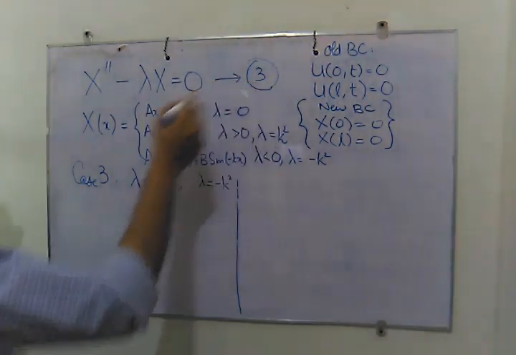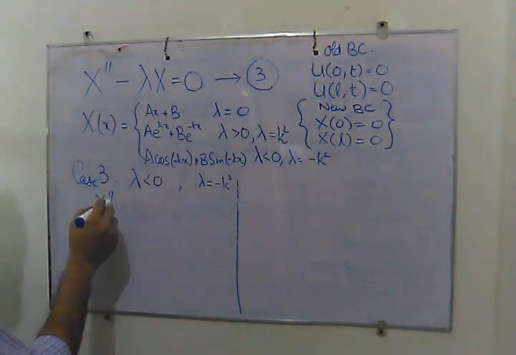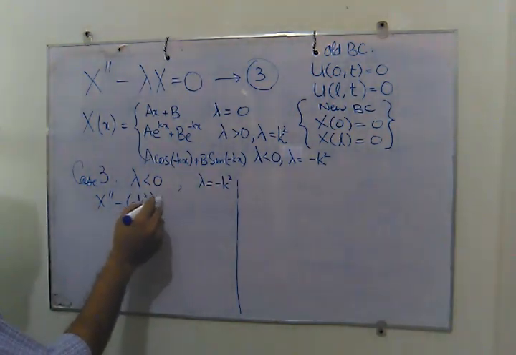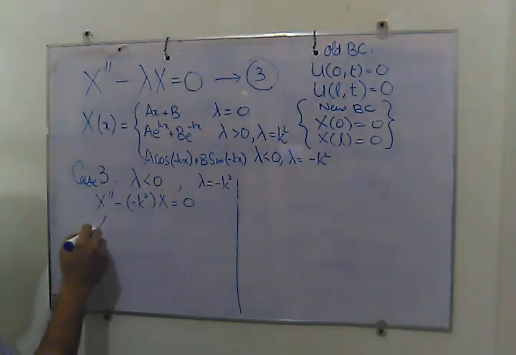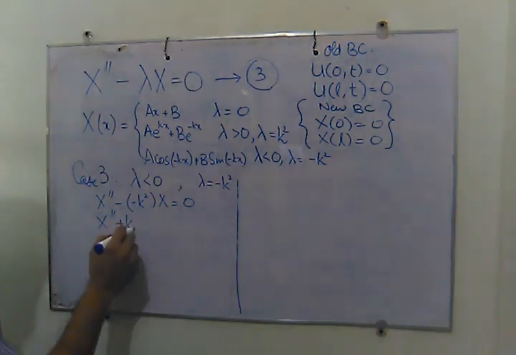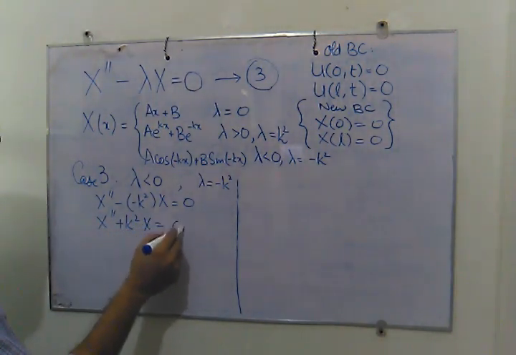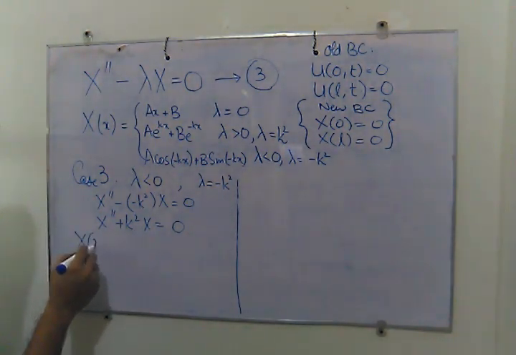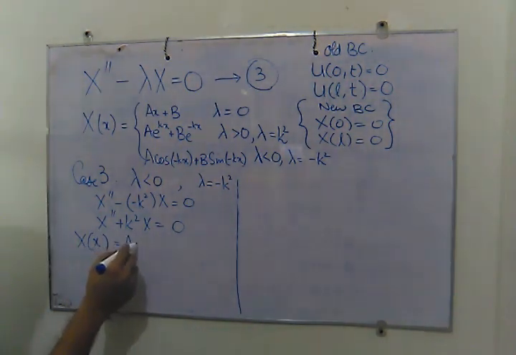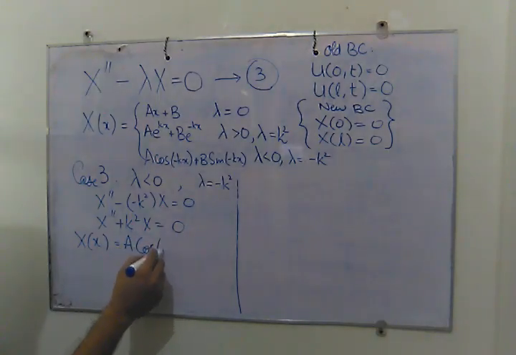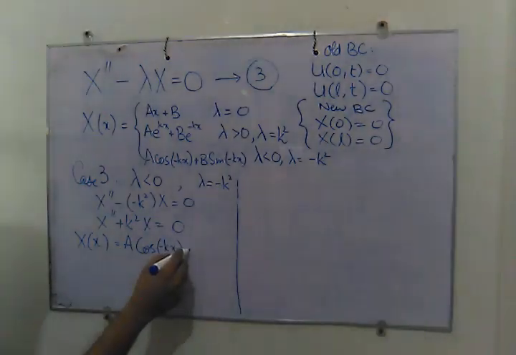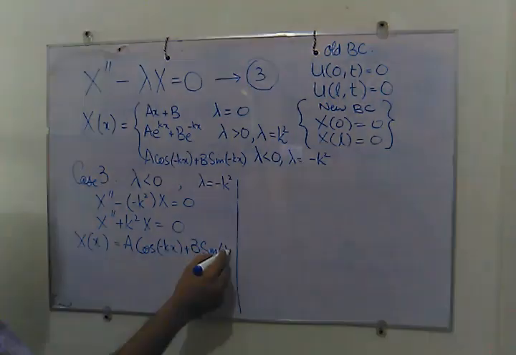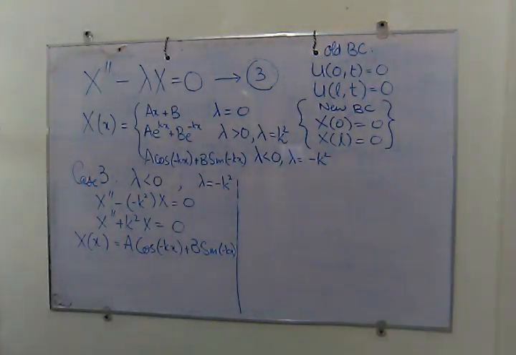When we put lambda equal to minus k square, equation 3 will take the form x double prime plus k square x is equal to 0, and in that case the general solution would be written as a cos kx plus b sin kx.